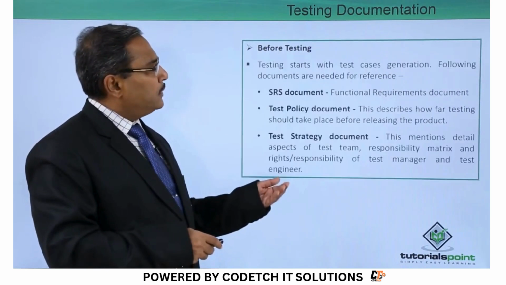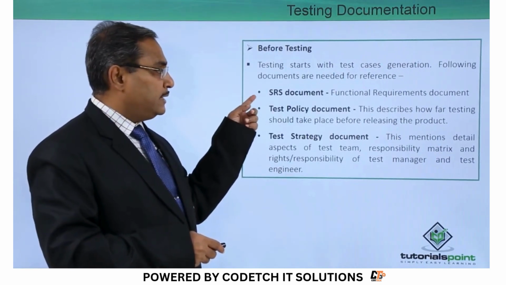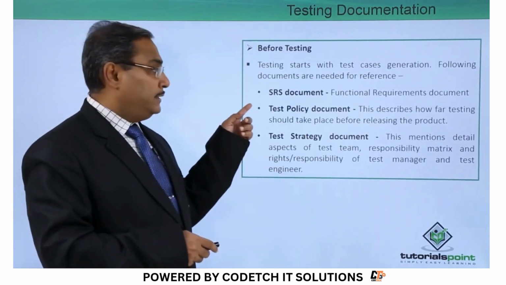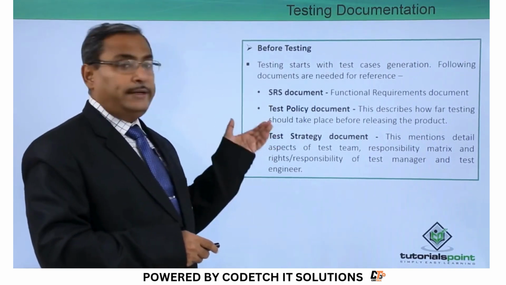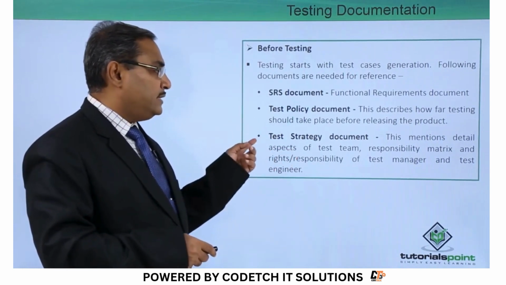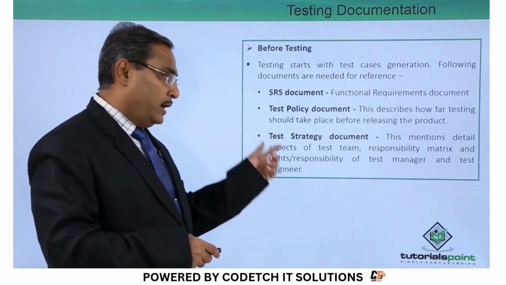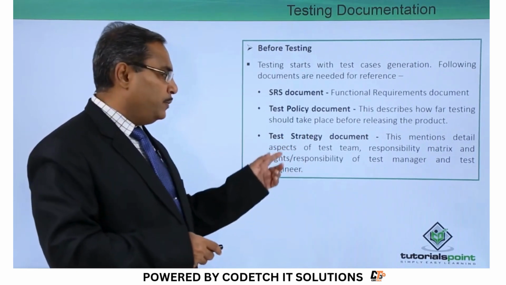So that is before testing. Here we have the SRS document, then the test policy document, which says how far the testing will take place before the release is handed over. Then we have the test strategy document, where the different personnel and their responsibilities are decided.